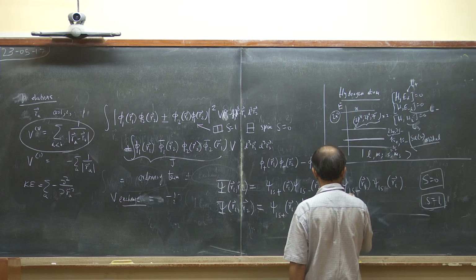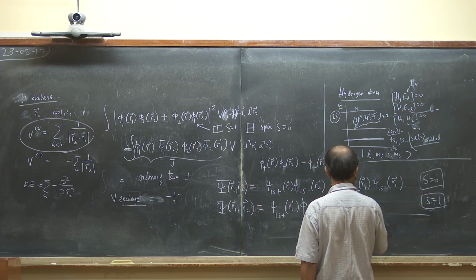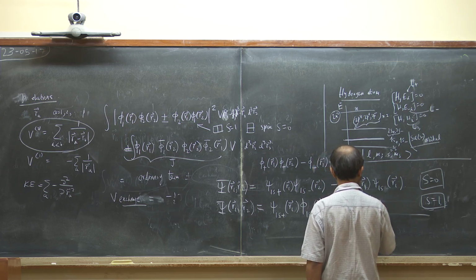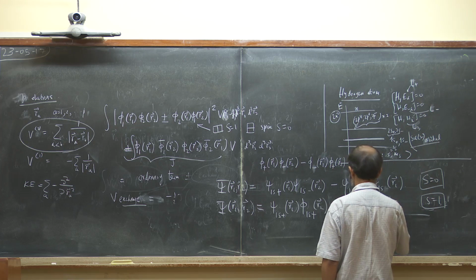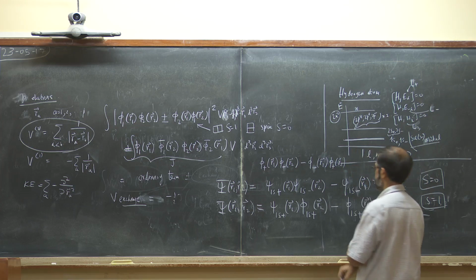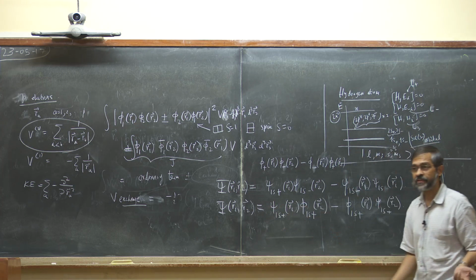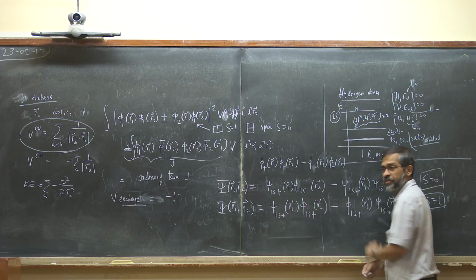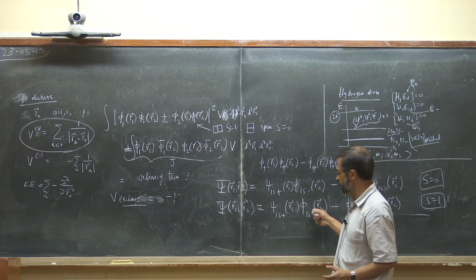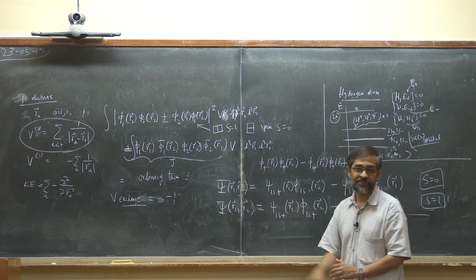But now I have phi 1s plus R1 and psi 1s plus R2, in which I have made the other quantum numbers different, and I have antisymmetrized with respect to the other quantum numbers, which I am denoting by these different letters psi and phi.